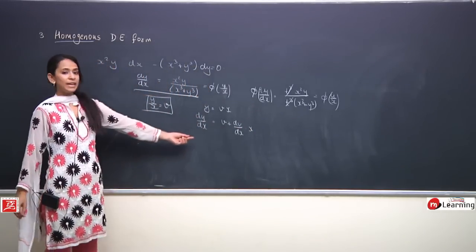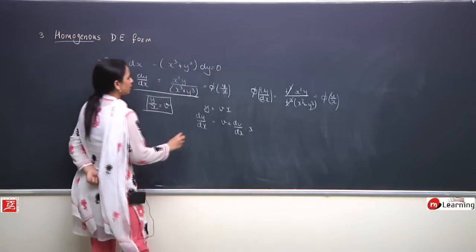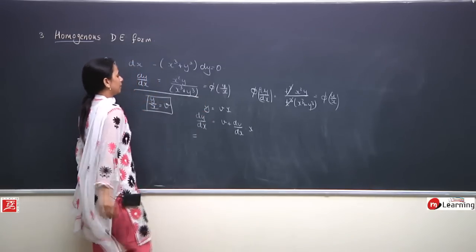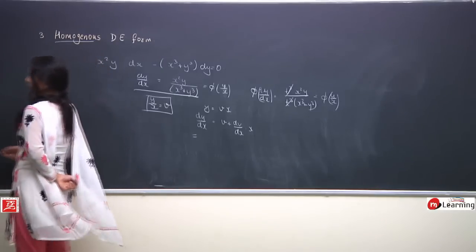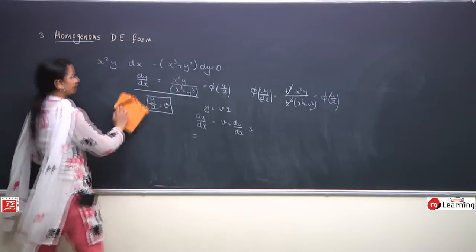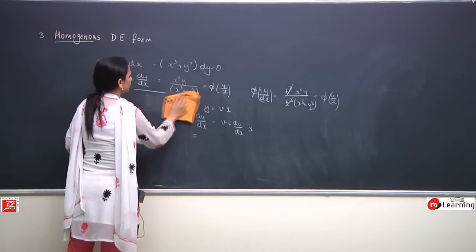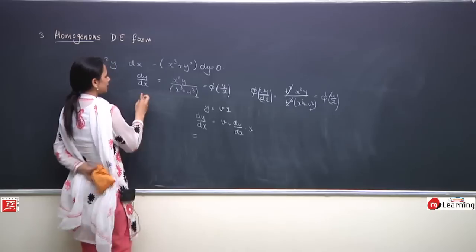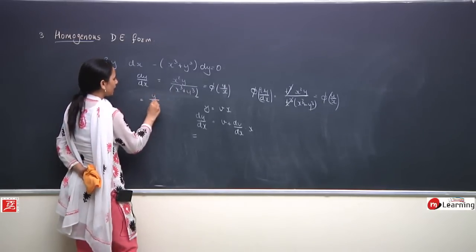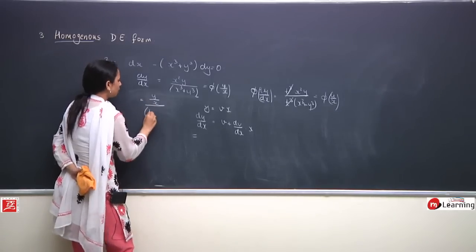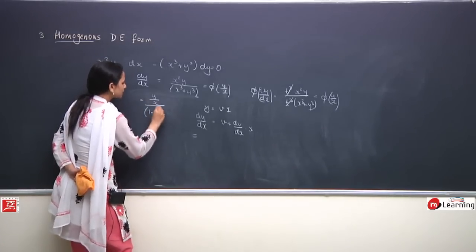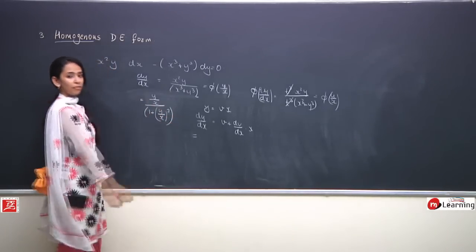Okay, and what is dy by dx? It is a function of v. So I can write this dy by dx present here as y by x upon 1 plus y by x whole cube. Perfect.